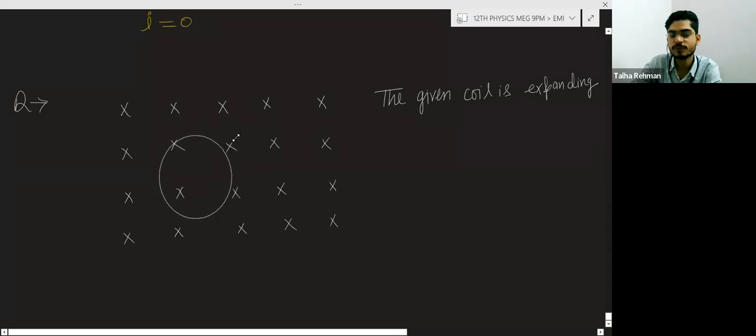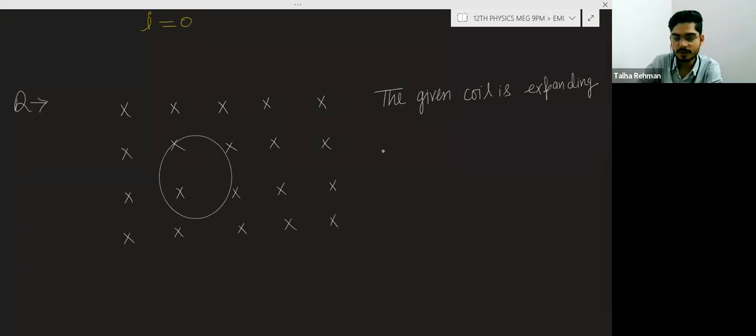The area of your coil will increase. The given coil is expanding. Find the direction of the induced current in the coil.